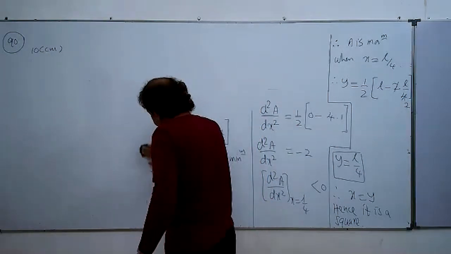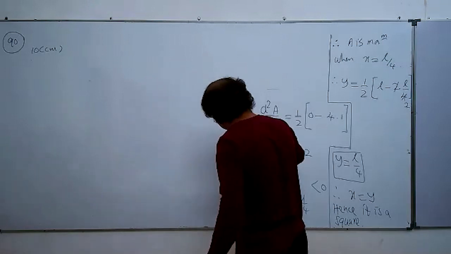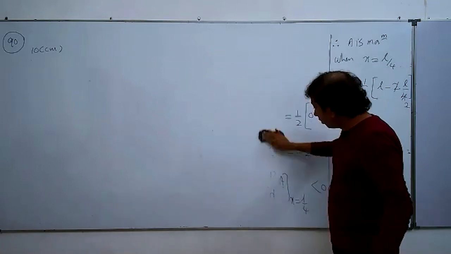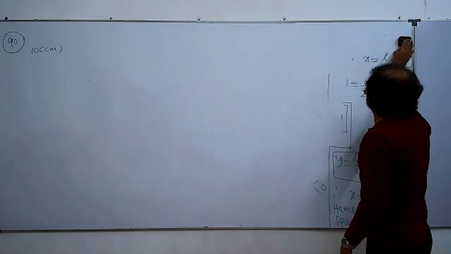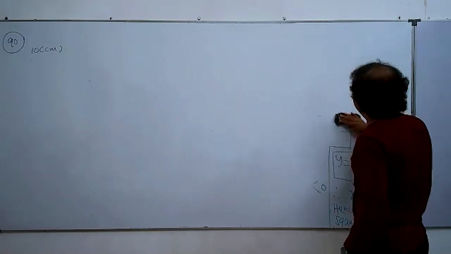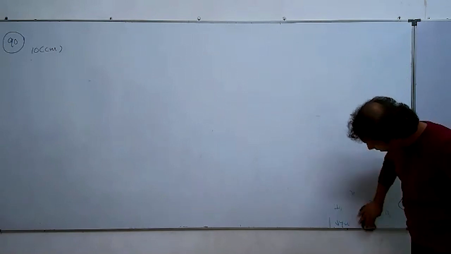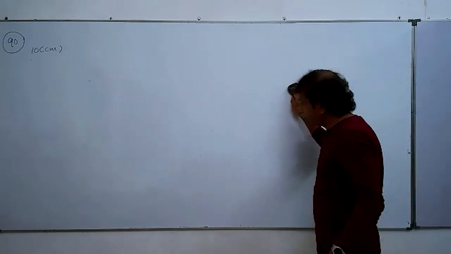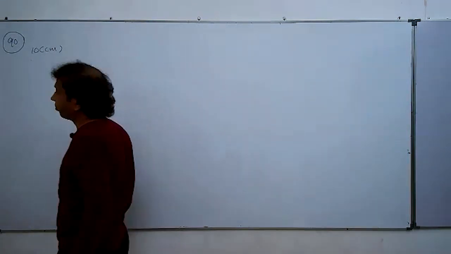Can somebody tell me in how many different ways, or how many different right angle triangles, we can draw so as to have the length of the hypotenuse as 10 centimeters?